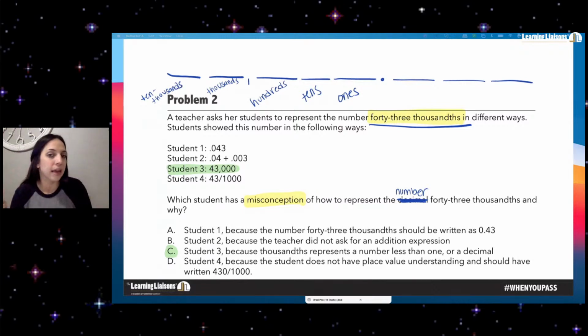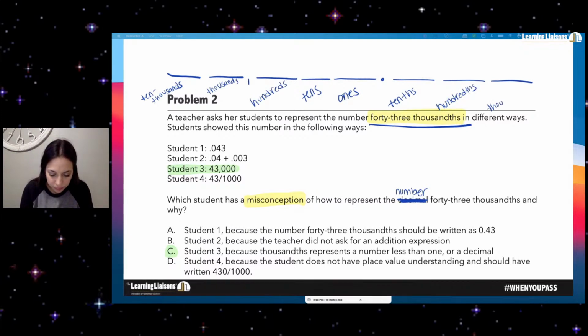On the right side of my decimal, I have tenths, hundredths, thousandths, 10,000ths, 100,000ths. I don't have any oneths. I only have tenths, hundredths, and thousandths.